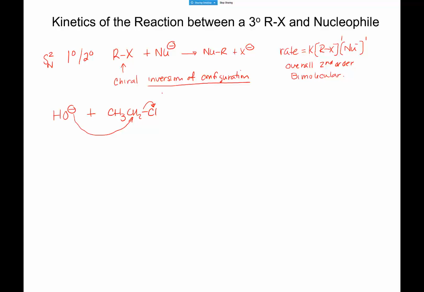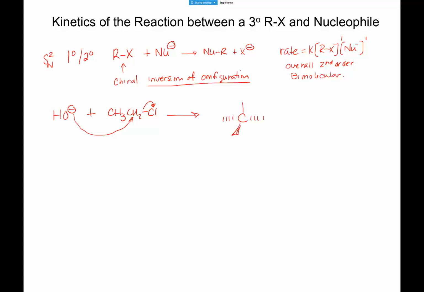All right, so what's the transition state going to look like? The transition state is always going to look like this. You're going to have a carbon with dotted lines where the nucleophile comes in. I normally write it from the left, and then the leaving group on the right.